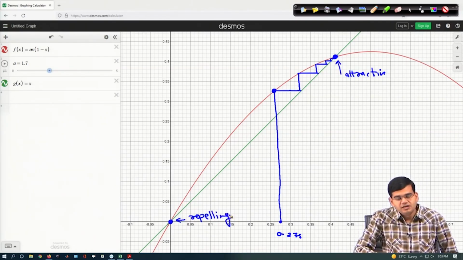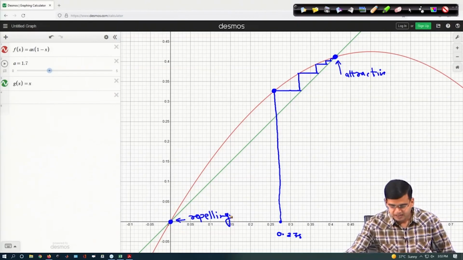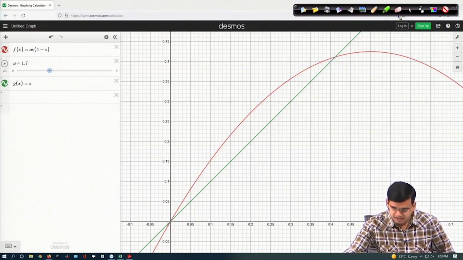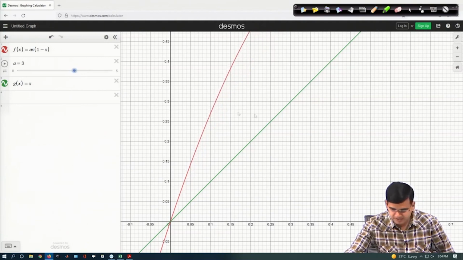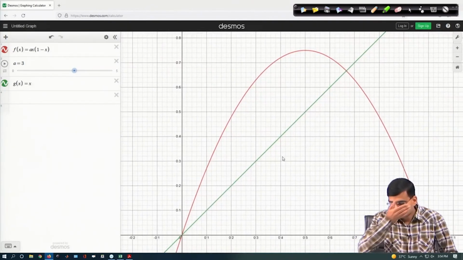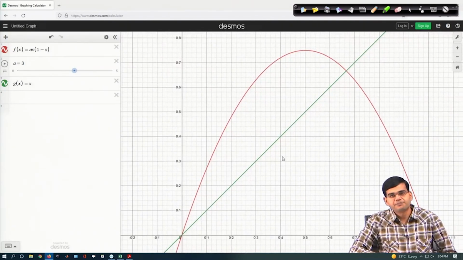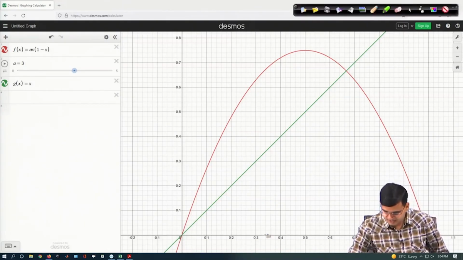Now, what happens if I change the value of the parameter a? Let me make the parameter a say 3. This is what happens when I make it 3. I had previously started with 0.275, just one example.